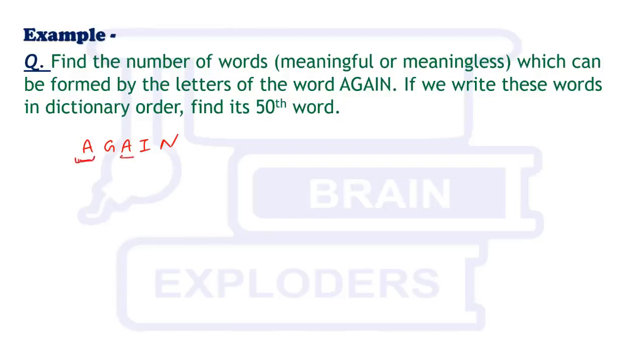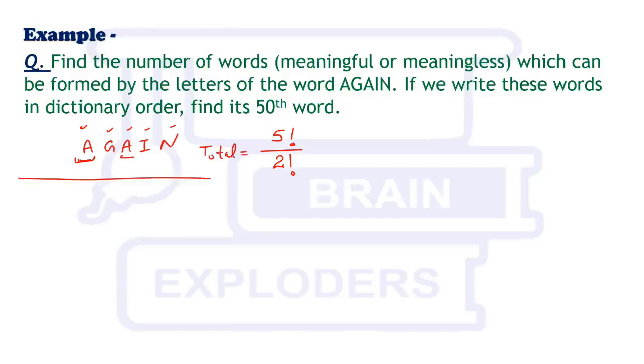So in total we have 1, 2, 3, 4, 5 objects in which 2 are the same. So in the numerator we will write 5 factorial and in the denominator we will write 2 factorial. So this is the total number of words which can be formed. Our first part is done.